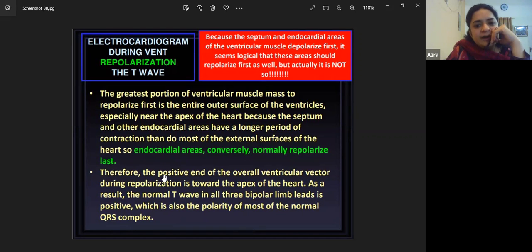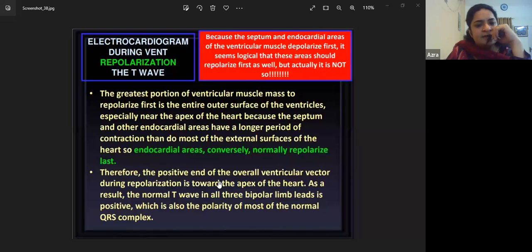Therefore, the positive end of the overall ventricular vector during repolarization is toward the apex of the heart.